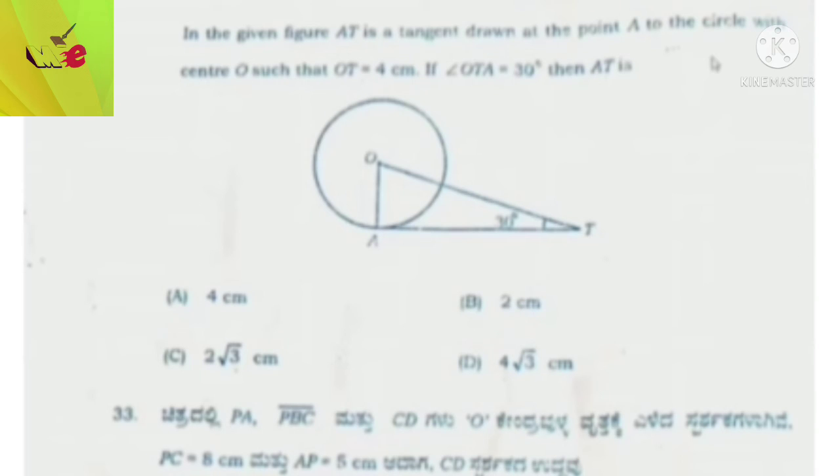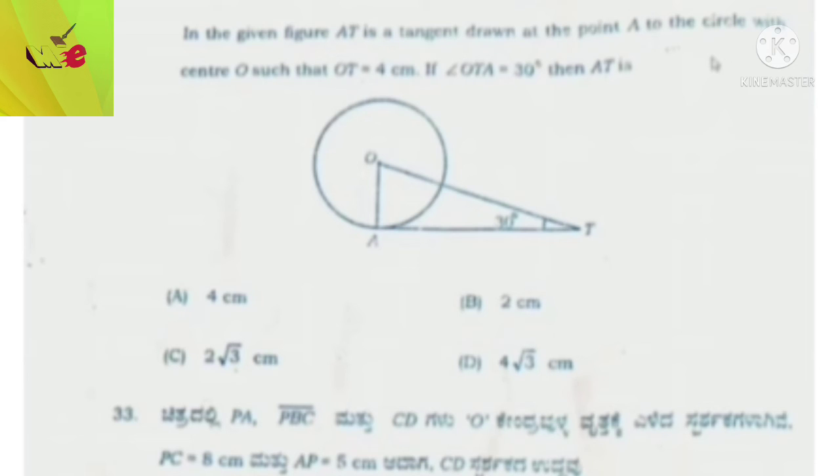In the given figure, AT is the tangent drawn at point A to the circle with center O. OT equals 4 centimeter, angle OTA is 30, then AT is? We should find out AT. OT equals 4 centimeter is given. Angle T is theta.